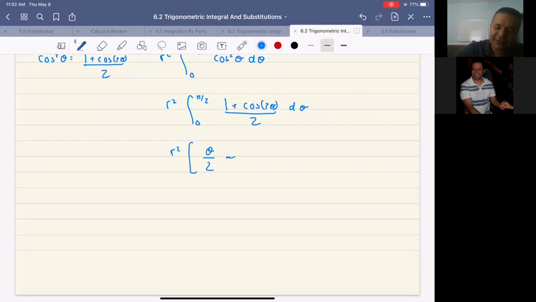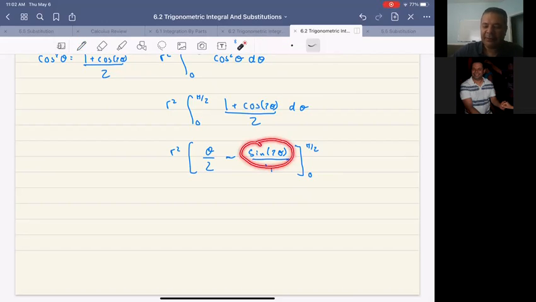I always put a minus here because I'm going to check it later. The derivative of sine is cosine, so that means I need to make that a plus.